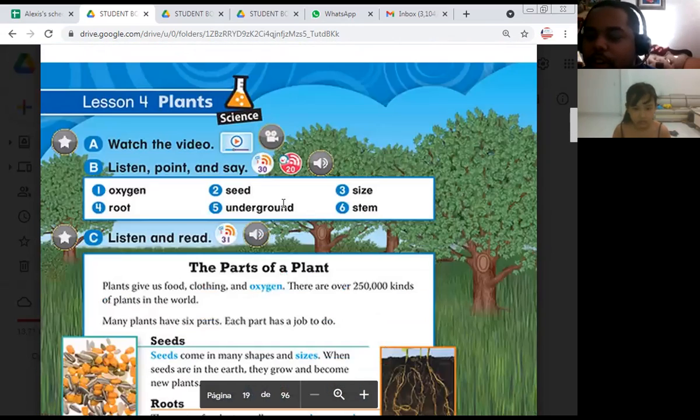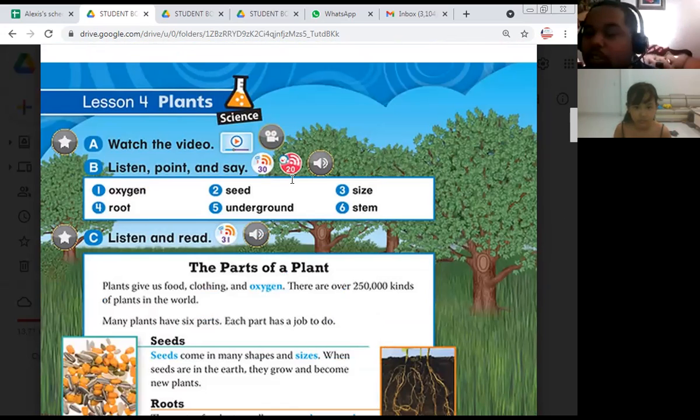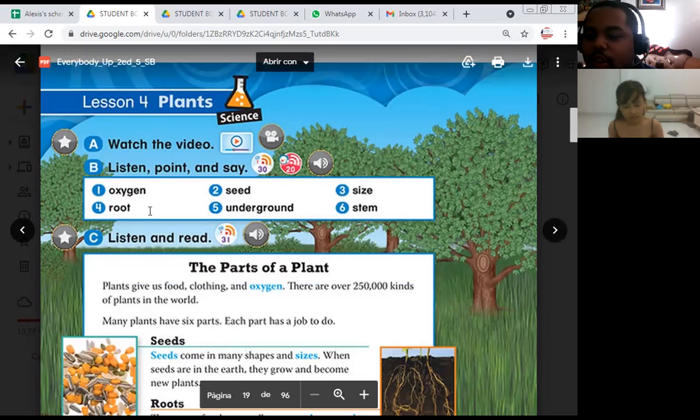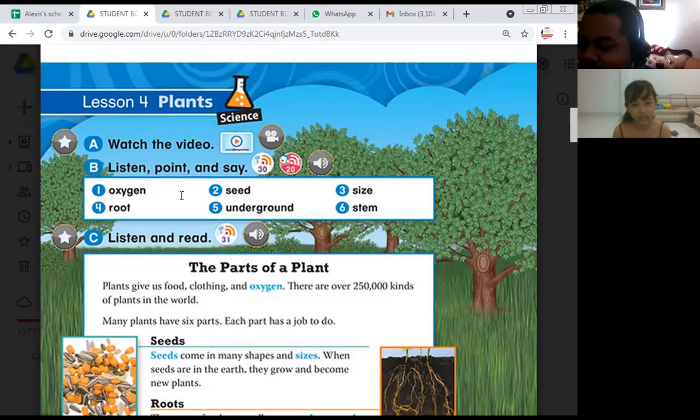And we also mentioned some vocabulary, especially parts of the plants like oxygen, root, seed, underground, size, stem, etc. Would you be able to repeat these parts? Oxygen, seed, size, root, underground, stem.